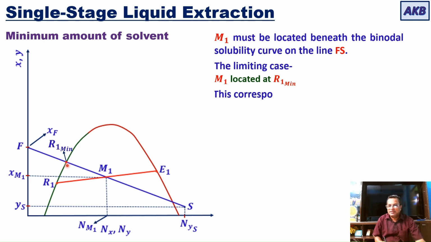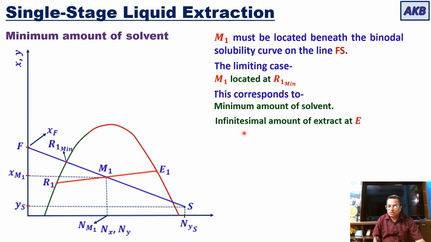This corresponds to the minimum amount of solvent that can be used, and it also corresponds to an infinitesimal amount of extract that is formed at the point E1 minimum. If I draw a tie line, the end point of this tie line will give me this point E1 minimum. So an infinitesimal amount of extract phase will be represented by the point E1 minimum.